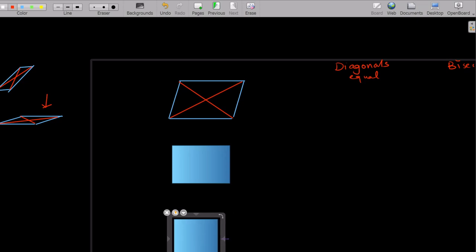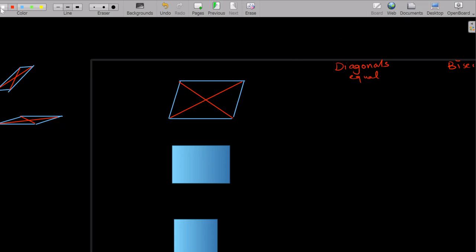Do you know what a diagonal is, right? So I've drawn two diagonals. Do they look equal? No. So in a parallelogram, it's not necessary that the diagonals will be equal.